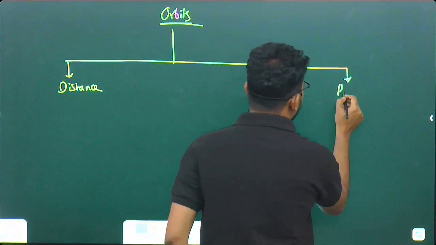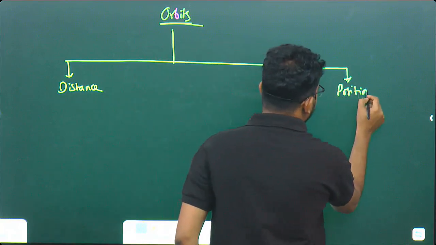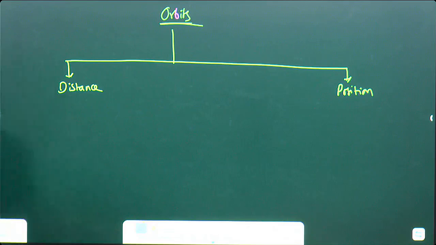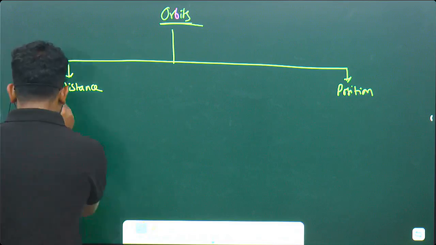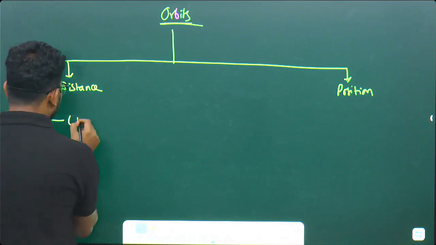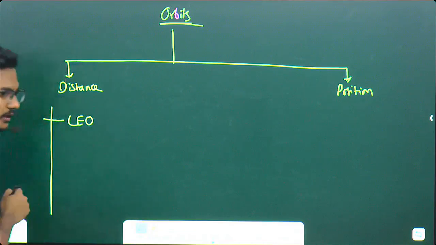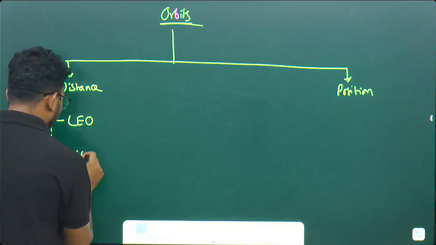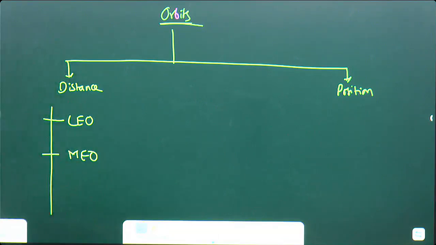Those different parameters are, one is distance and the second one is position. Distance, I think everybody knows this. LEO, low Earth orbit. MEO, medium Earth orbit.